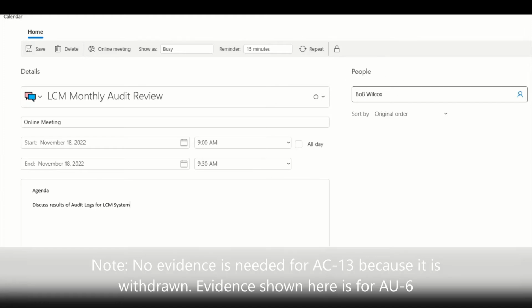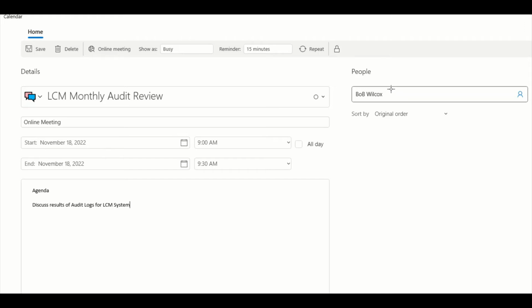So this type of evidence will be sufficient, one of the pieces of evidence that will be sufficient for satisfying this control, because it's showing that a monthly audit log review is in place and that the system owner is involved.